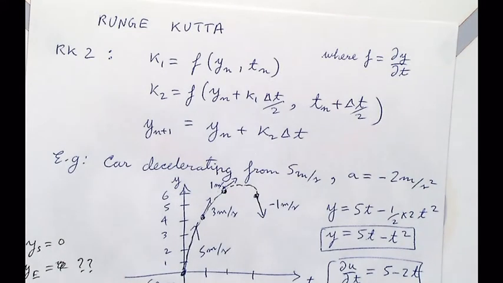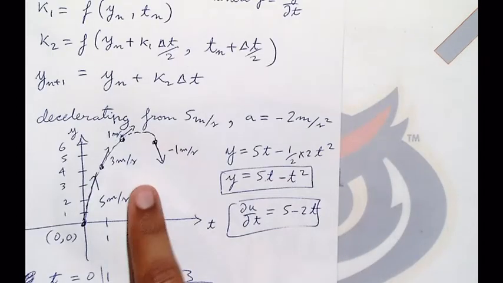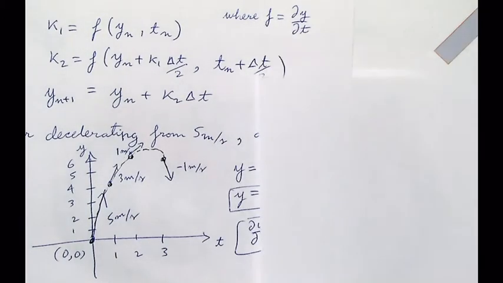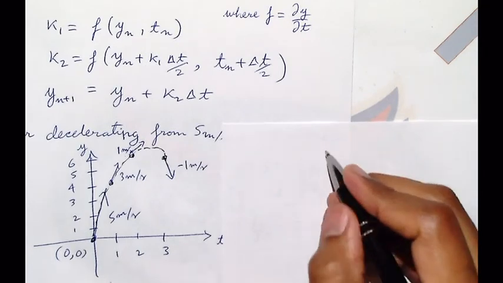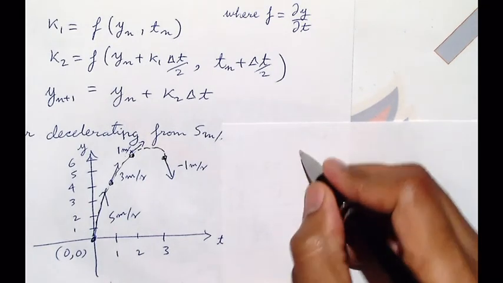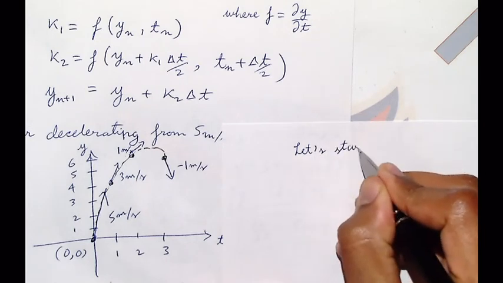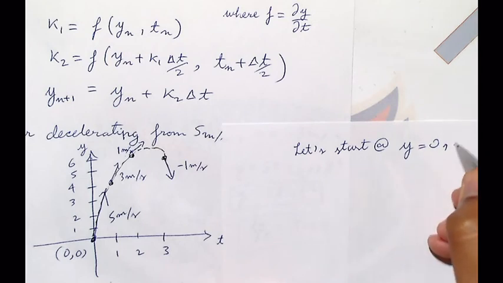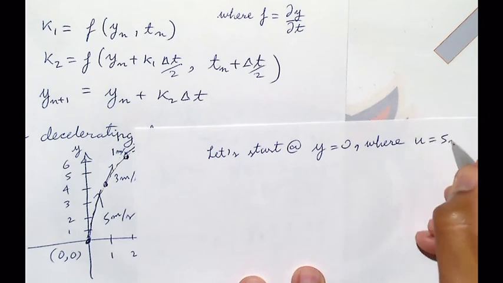All right, so let's see how this works for the parabola example. You will see that this will not give us the exact answer. So let's start at y equals 0, where u is given as 5 meters per second.